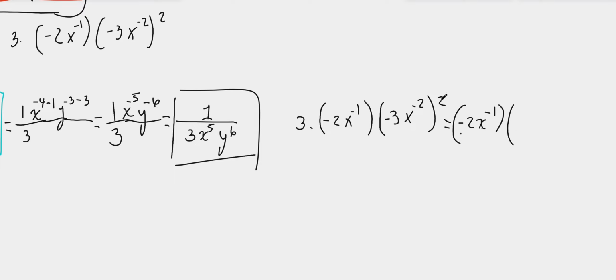Okay, now this 2, remember we are going to distribute that to the exponents. So we have negative 3 to the power of 2 and x to the power of negative, sorry, it's not negative 2, it's negative 4. Okay, 2 times negative 2 is negative 4. There you go.